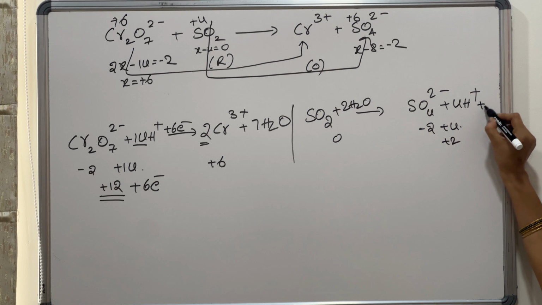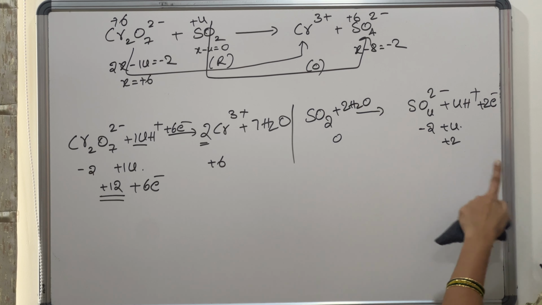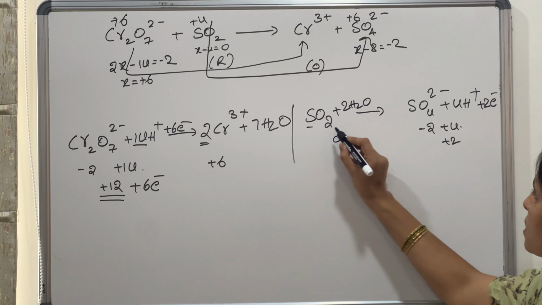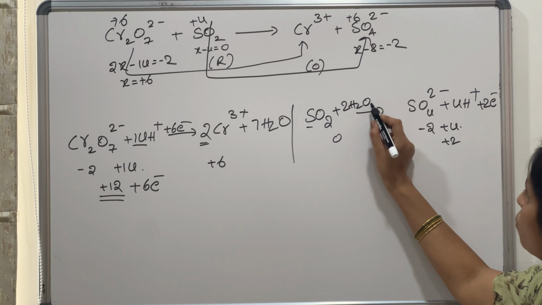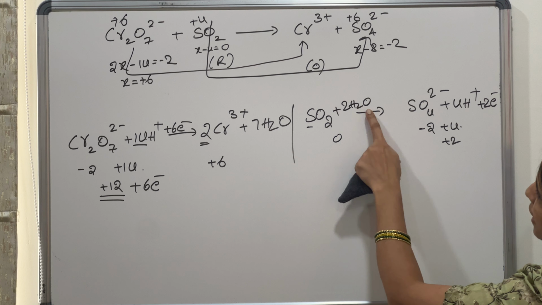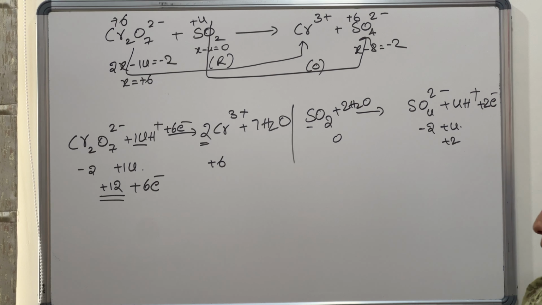If you add 2 electrons this side, minus 2 plus 2 will be 0. So you have balanced this side also. You check once, 4 oxygens this side, 4 oxygens this side. Hydrogens, 4 hydrogens, and the total charge is also balanced.